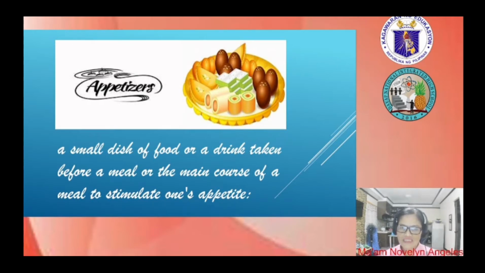It means, pag sinabi nating appetizers, ito yung mga tinatawag natin na finger foods that stimulate our appetites. Kumbaga, ito yung mga maliliit na klase ng pagkain na isineserve sa atin bago tayo kumain ng mga meals o yung mga main course na tinatawag. Kumbaga, pampagana to. Ito yung mga pagkain para ganahan tayo.